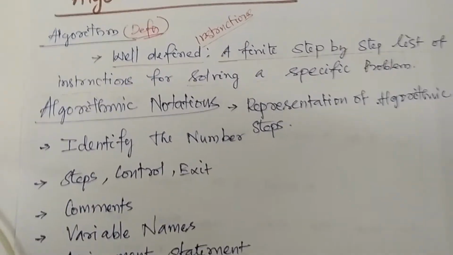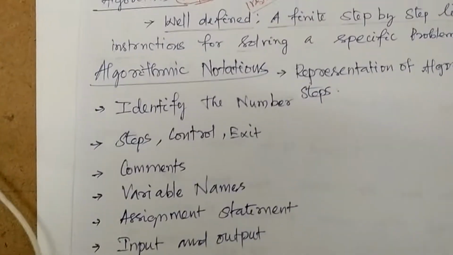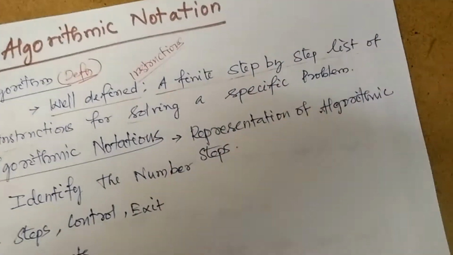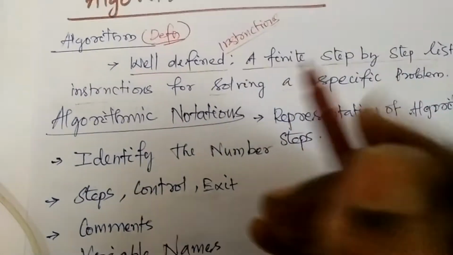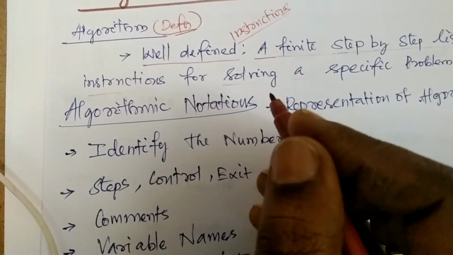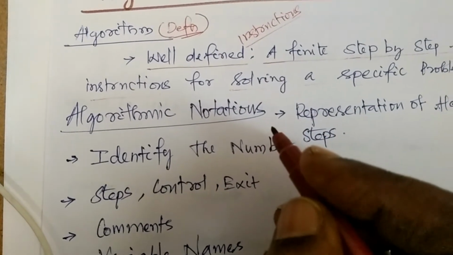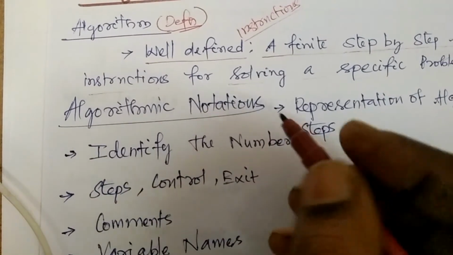So here is a list of terms involved in the algorithm. For identifying the number, you have to specify the algorithm with the letter P as a problem.